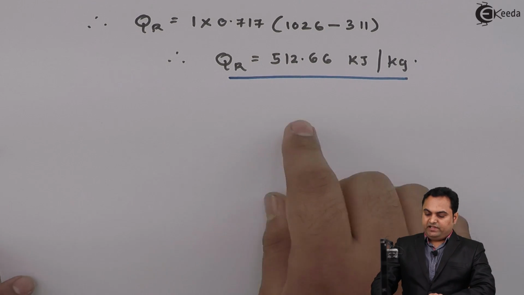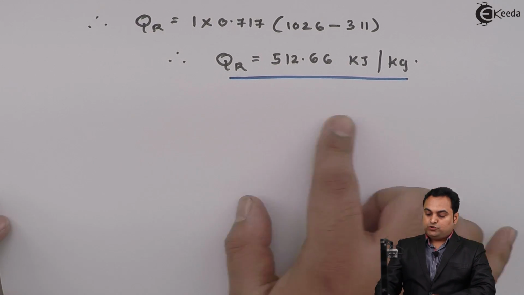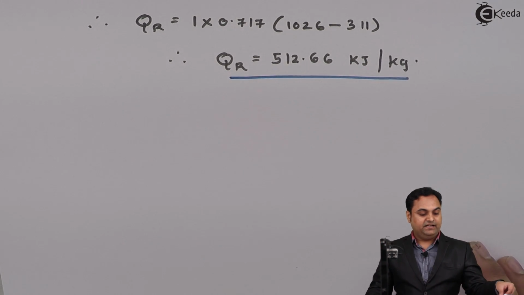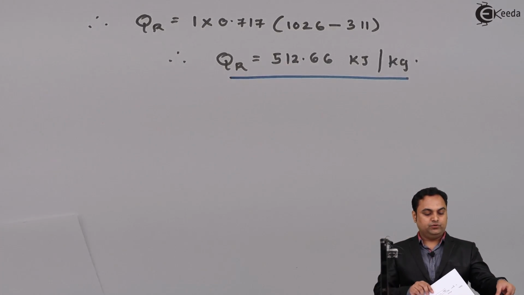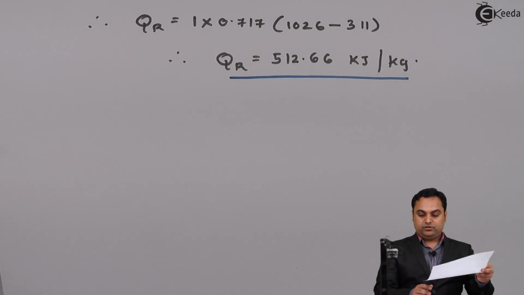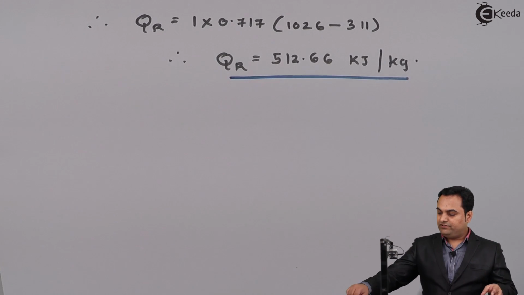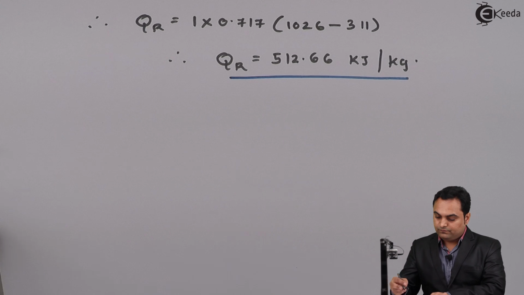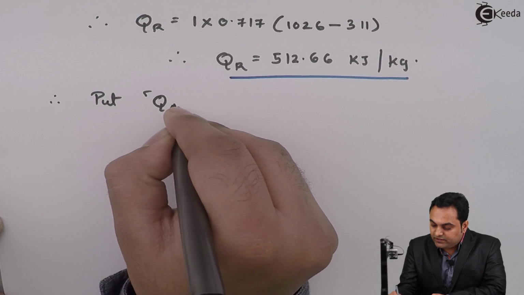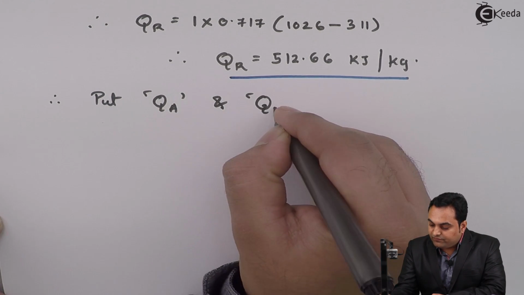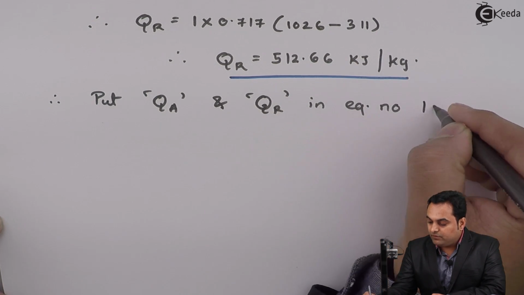So now here we have the value of heat rejected, which is 512.66 kilojoule per kg. So once heat rejected and heat added have been calculated, we can put their values in equation number 1 to get the answer of work done. Therefore, put Q suffix A, that is heat added, and Q suffix R, that is heat rejected, in equation number 1.